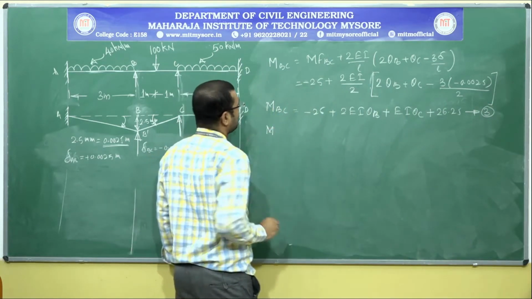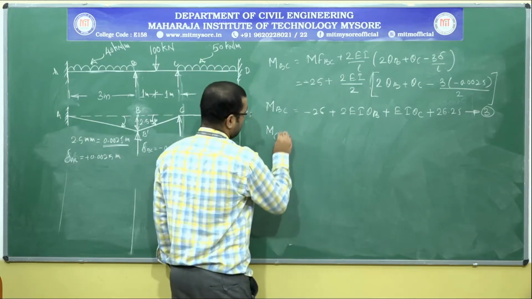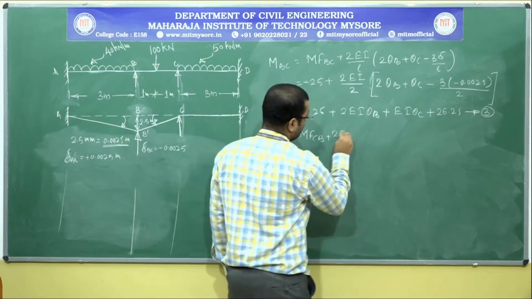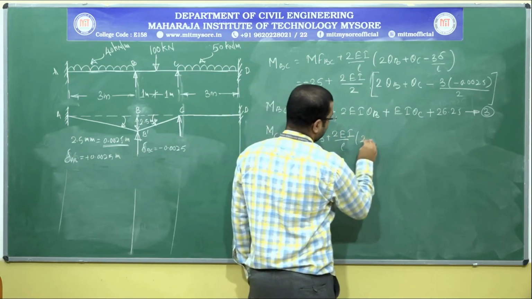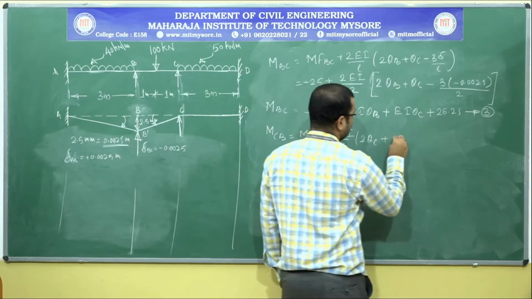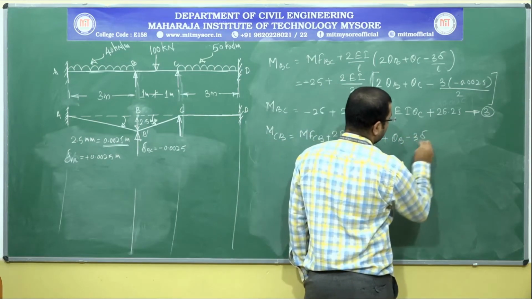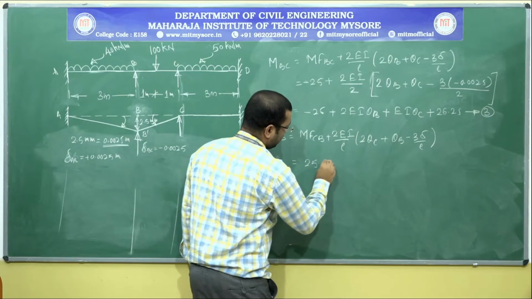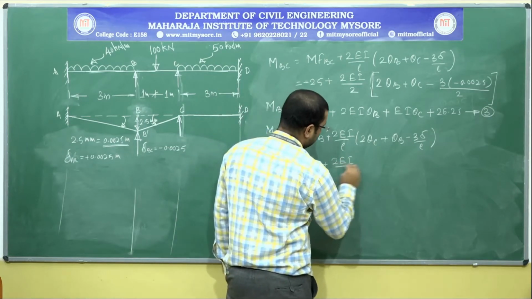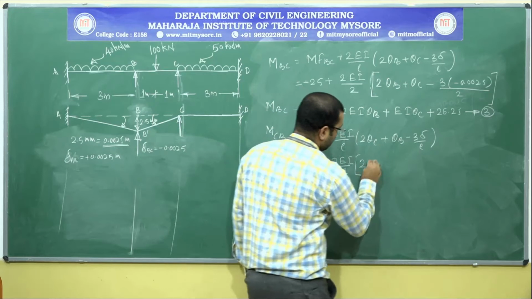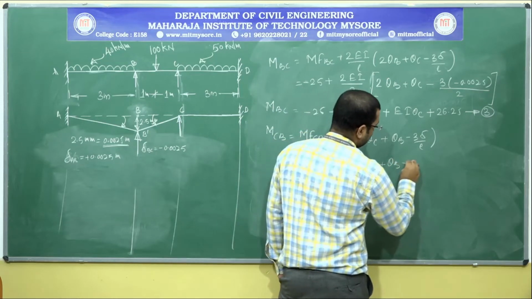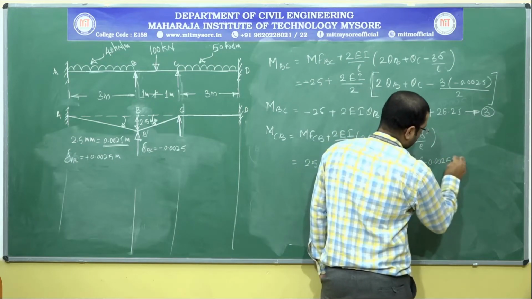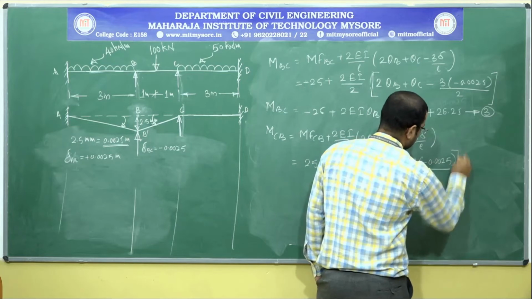Similarly, let me write one more equation for the span BC, that is MCB is equals to MFCB plus 2 EI by L into 2 theta C plus theta B minus 3 delta by L. So here MFCB value is plus 25 plus 2 EI by L, L is 2 meter, into 2 theta C plus theta B minus 3, the delta value is minus 0.0025 divided by L is 2 meter.